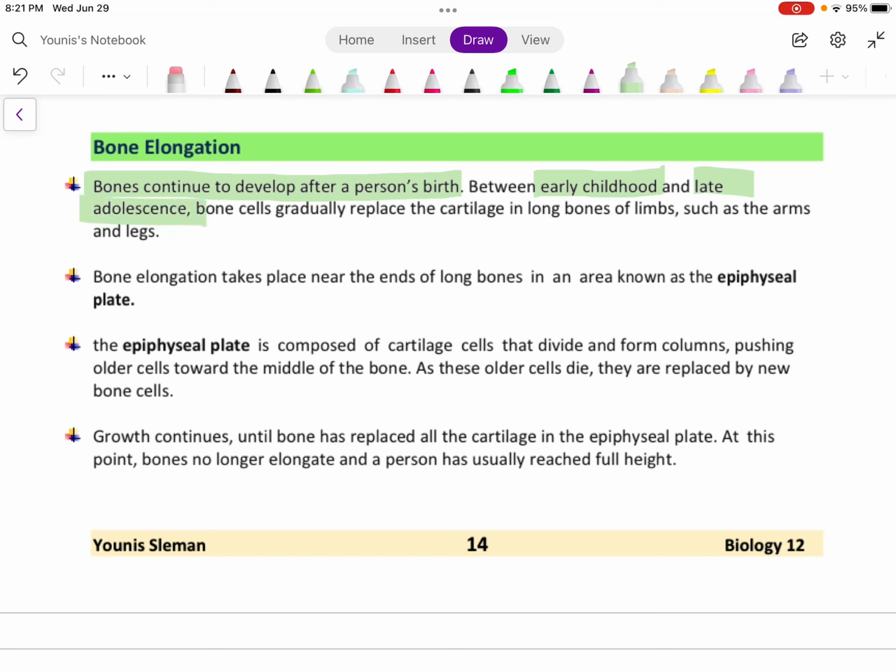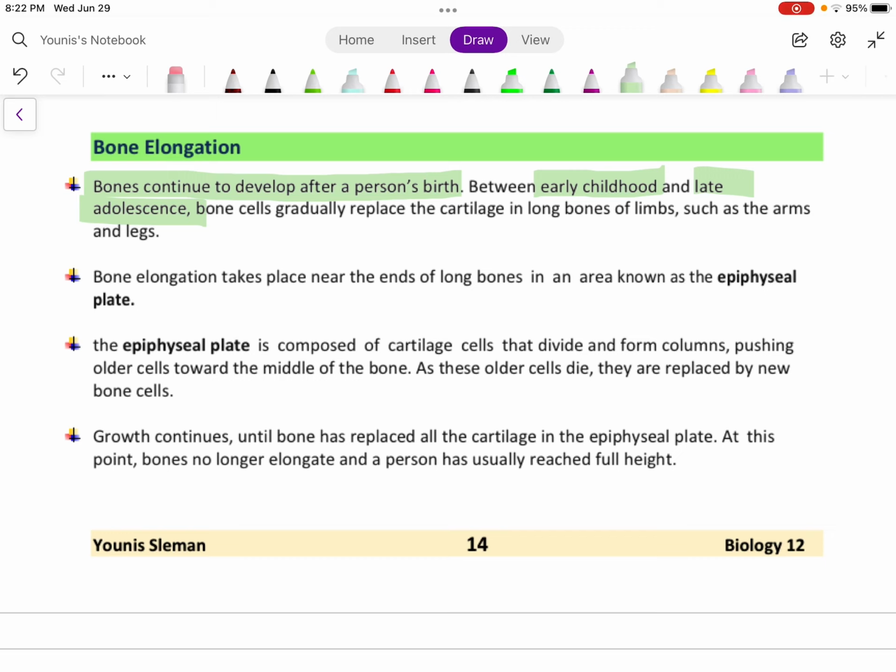That's why for a person who has reached the age of 20 or 24, we can say that's the maximum bone elongation normally. From early childhood till late adolescence, that's the period during which a bone can elongate, can grow.